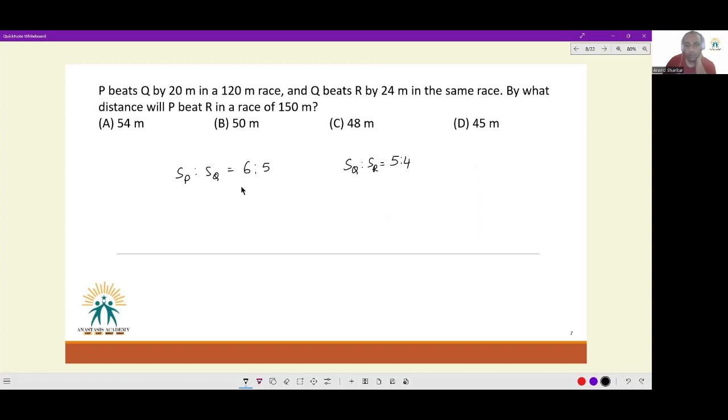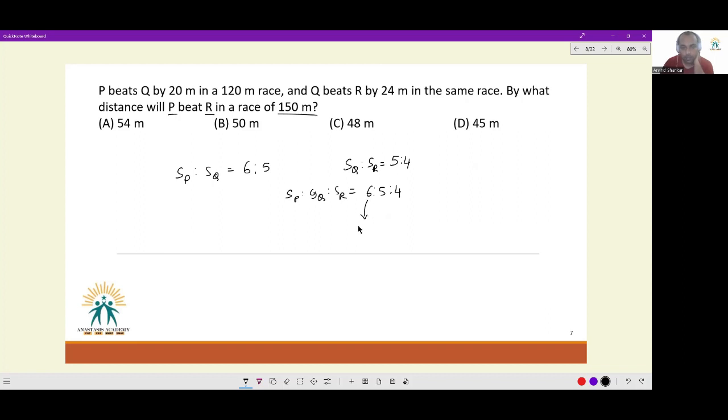Okay. Now if I combine this, speed of P is to speed of Q is to speed of R should be 6:5:4. By what distance will P beat R in a race of 150 meters?